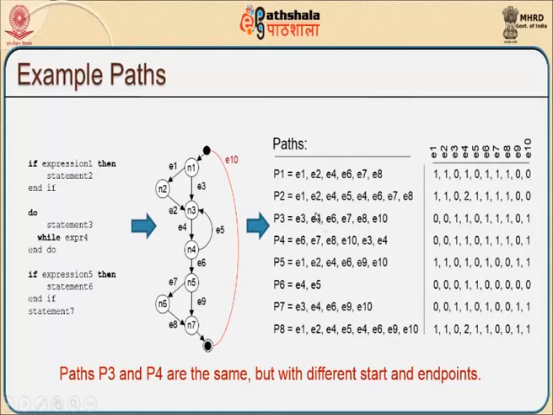Whereas, when you look at the second path, which is P2, it traverses through E1, E2, E4, I check for a condition do, which is E5, again I flow through E4, then go for E6, E7, E8.